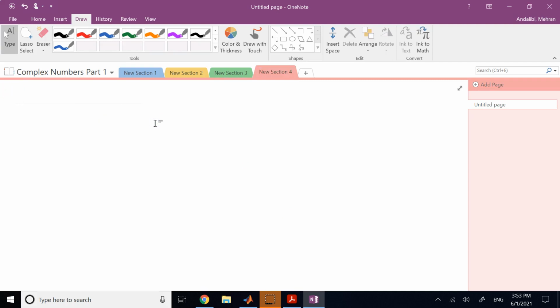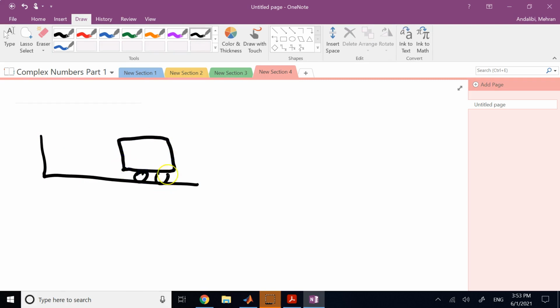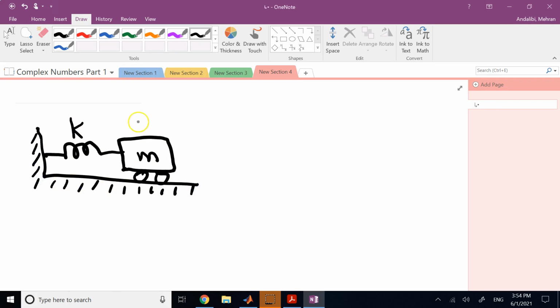One of them is if you have the spring mass problem. Here I have this mass that is rolling on this surface. It is attached to a spring. There is no friction, rolling friction, Coulombic anything. The position of this mass is shown with letter x.